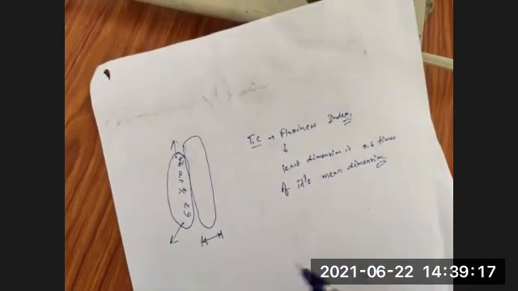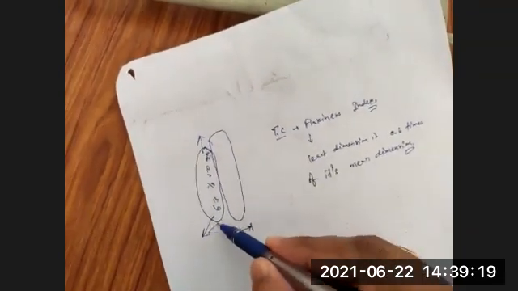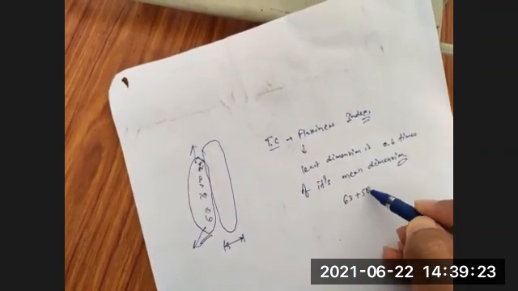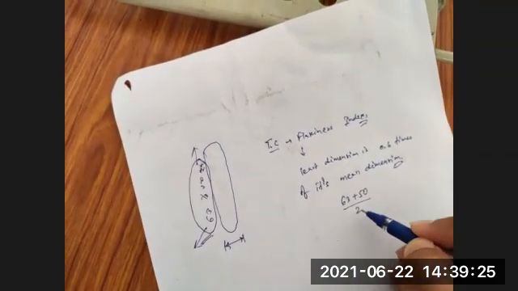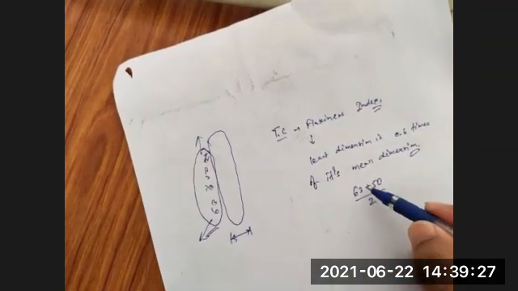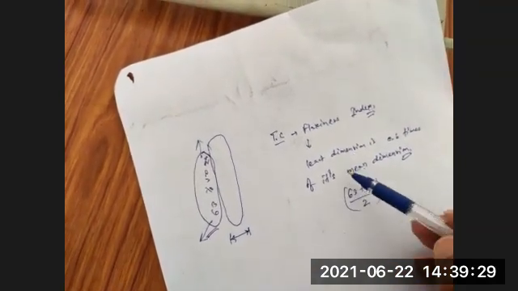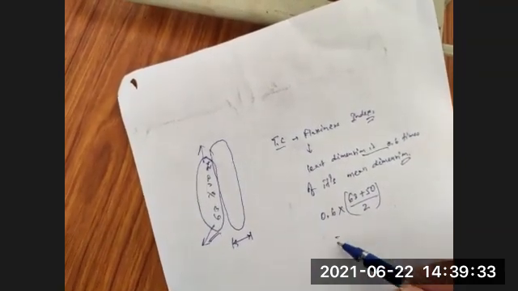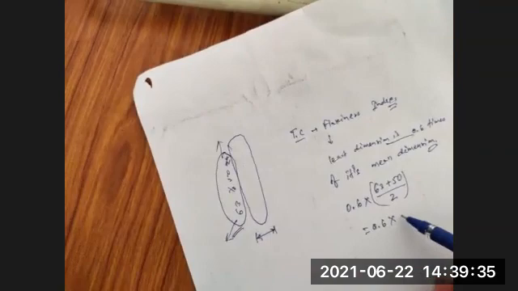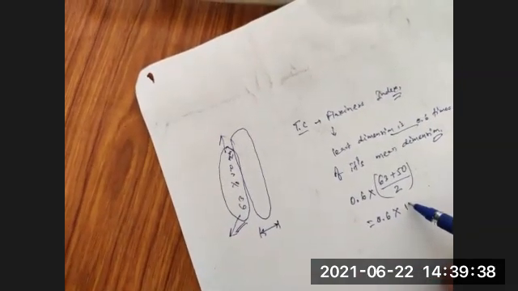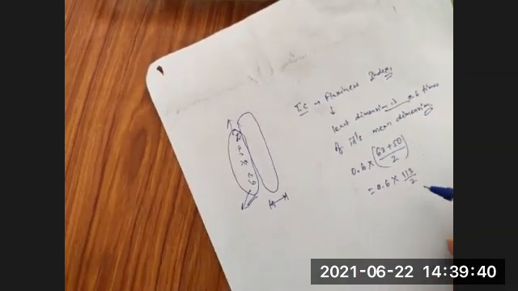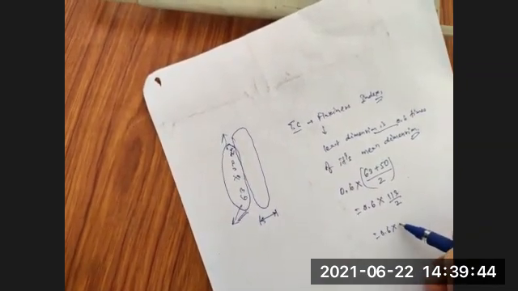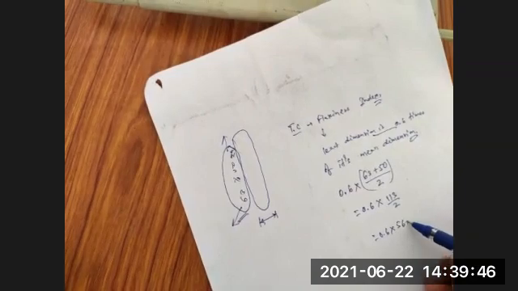So what we do? Here we see the mean dimension is 63 to 50. Here we take the mean, that means 63 plus 50 divided by 2. Here the least dimension is 0.6 times, so we multiply with 0.6. So 0.6 into 113 by 2, this will become 56.5.